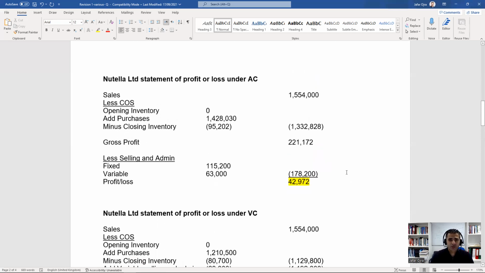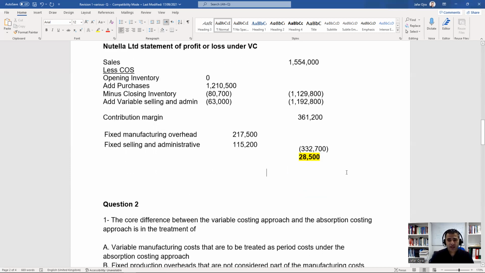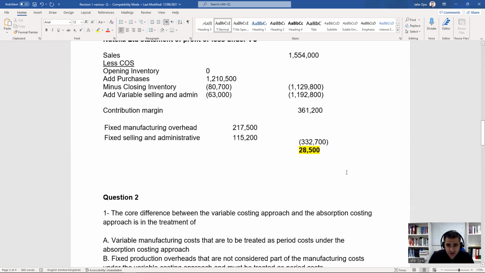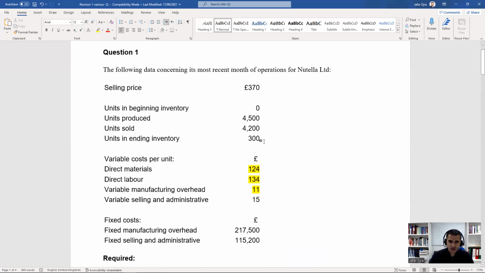The profit under absorption costing is 42,972, and the profit under variable costing is 28,500. So it's expected that there is a difference in profit between the two methods due to closing inventory. As long as there is a closing inventory, there is a difference between the two methods, because there is a deferral in the closing inventory.